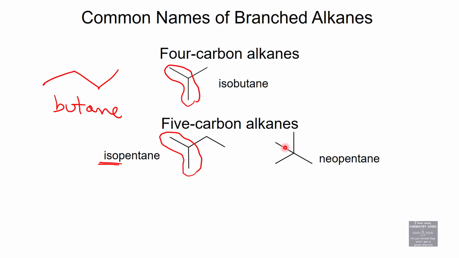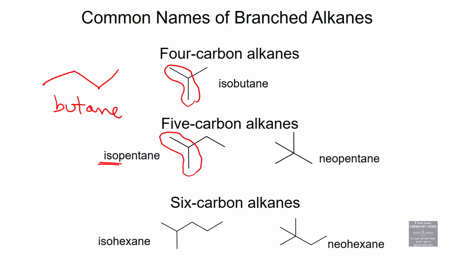This is neopentane. It's a pentane because there are 5 carbons in total, and this chicken foot branch over here is the neo. You can see isohexane and neohexane down here also. This little split means iso, but 6 carbons in total, hexane. This little split means neo, 6 carbons in total, hexane.